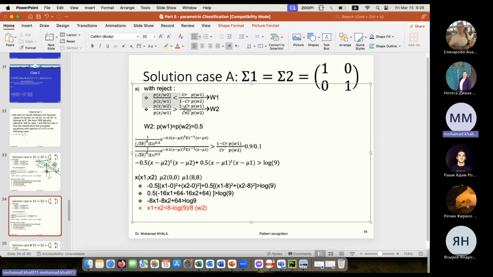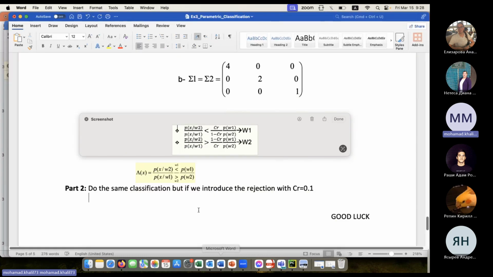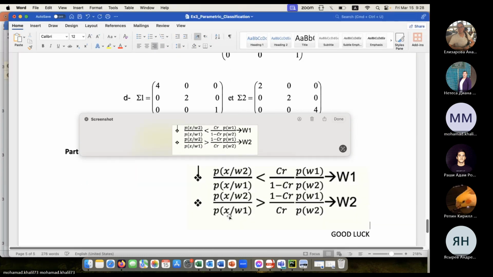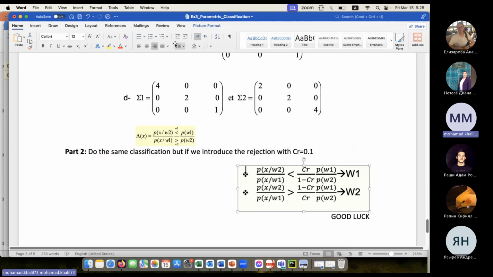Copy screen. Copy image. Great. Okay. Screenshot. Close screenshot.